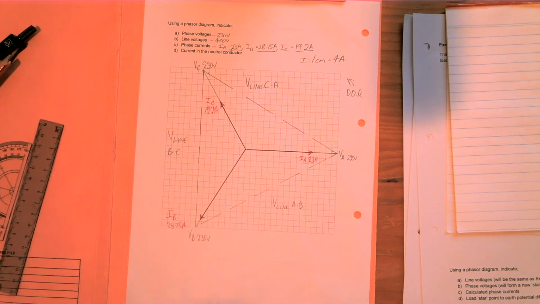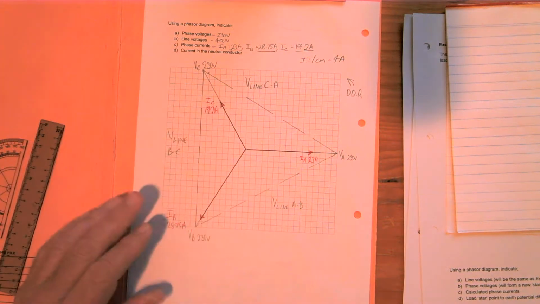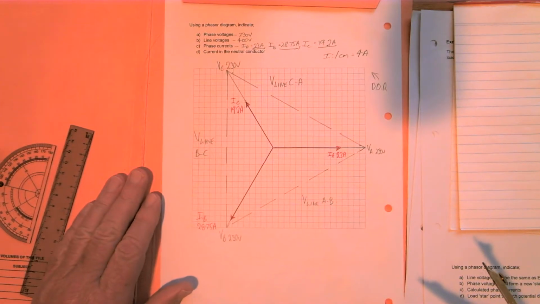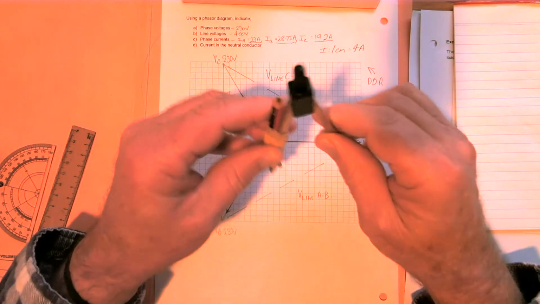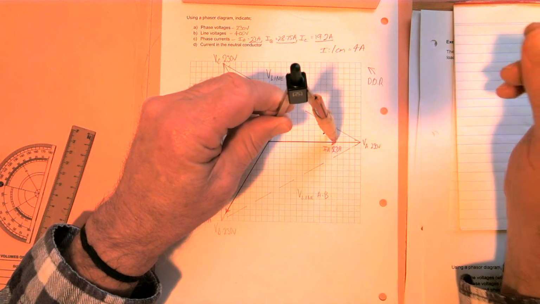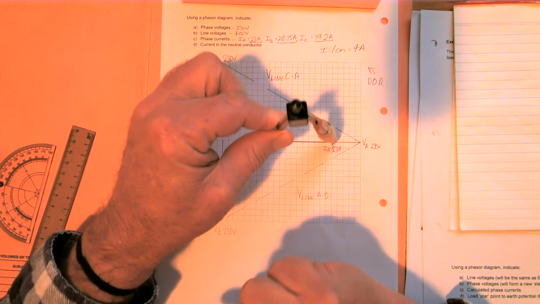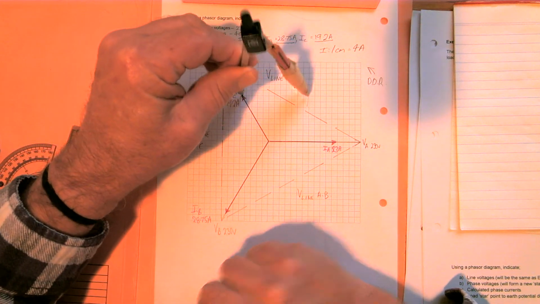So I've got to add them by phasor addition now to determine the current in the neutral conductor. Okay, so you grab your compass and take any two phasors again. We'll add A to C. So take the length of IA, come up to the tip of IC and scribe an arc.